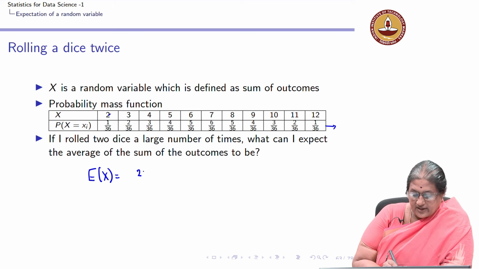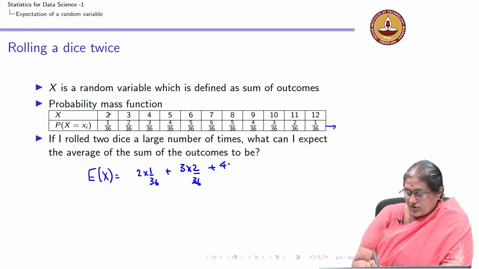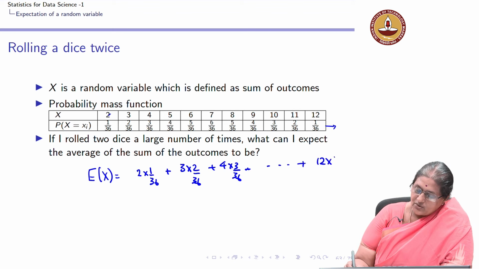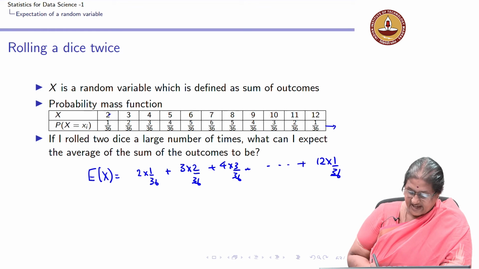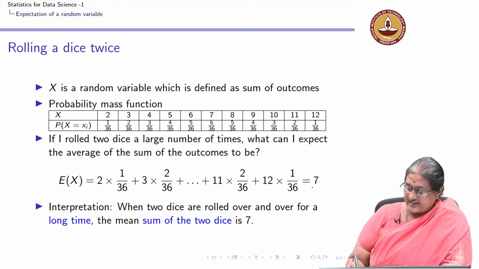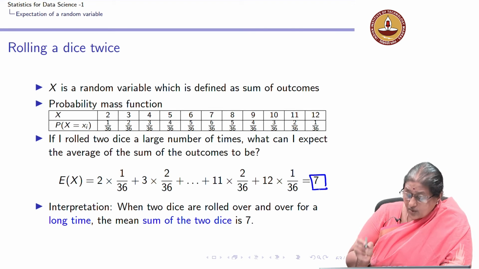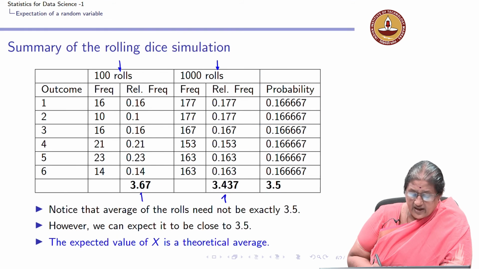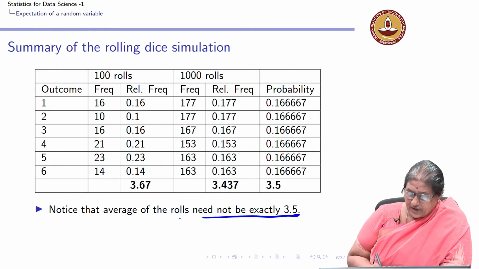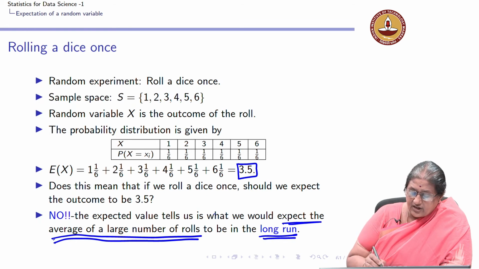So, I look at it, it would be 2 into 1 by 36 plus 3 into 2 by 36 plus 4 into 3 by 36 and so on, up to 12 into 1 by 36, and I can verify that this expected value of x is equal to 7. Notice that in the earlier case, the expected value of x need not be a value of x.